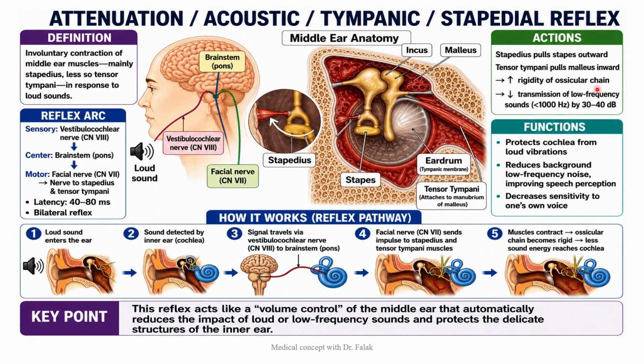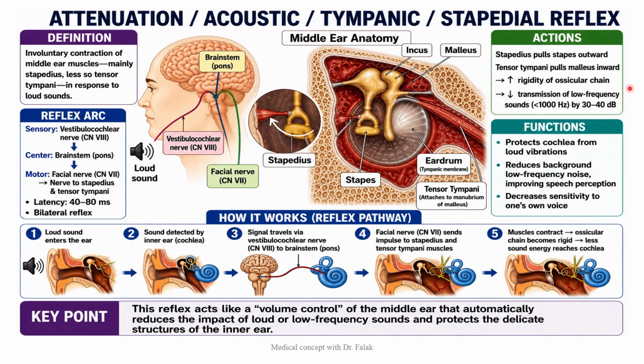So what are the main important things that are going to happen in this reflex? The stapedius muscle pulls the stapes outward and the tensor tympani pulls the malleus inward. It means both of these will cause the contraction of these muscles toward the inside, or towards the middle ear, right?